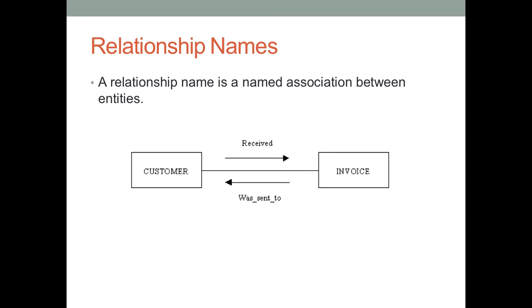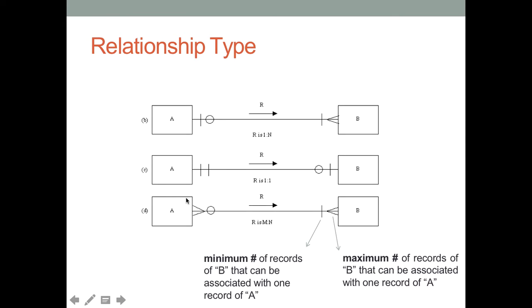So a relationship should have a relationship name. A relationship name is a name association between entities. For this one, customers receive invoices, and invoices are sent to customers. And this one is a little bit complex.